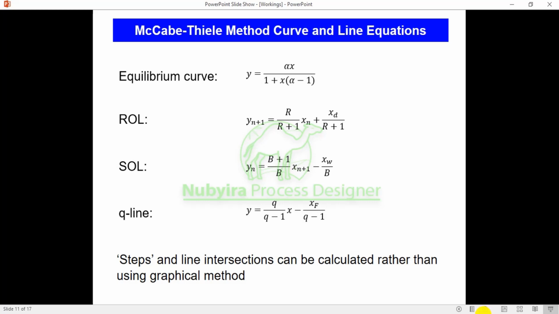The rectifying operating line depends on the reflux ratio of the stages, you understand. The operation of the column depends on the amount of reflux that you are using. The number of stages needed for a particular separation depends on the amount of reflux.